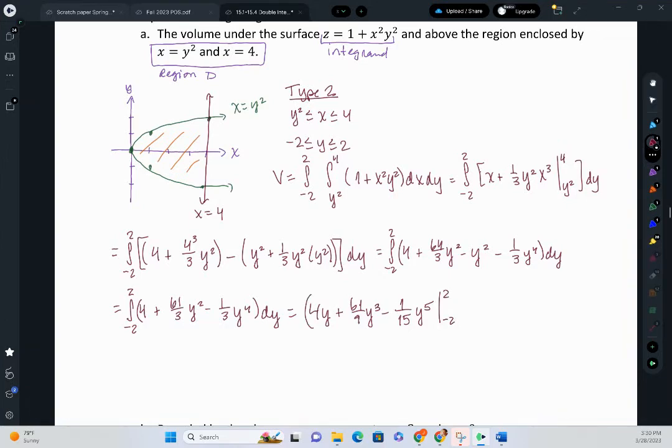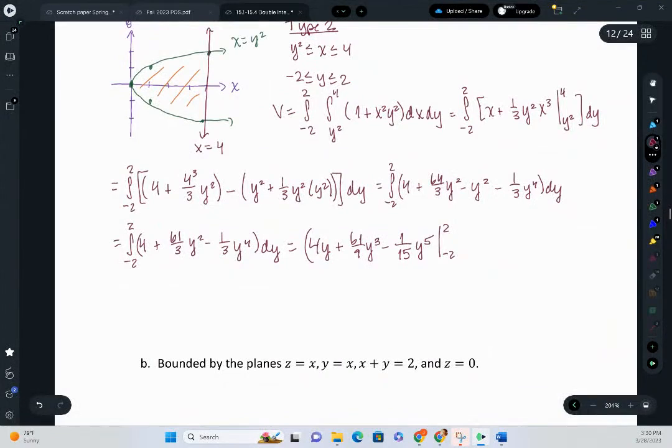At this point, a lot of people like to try to use symmetry, and it's fine if you do it right. I tend not to use symmetry when I'm evaluating over symmetric bounds, just because I'd rather get it right than get it fast. So I'm going to go ahead and evaluate at 2 and then subtract the evaluation at -2.